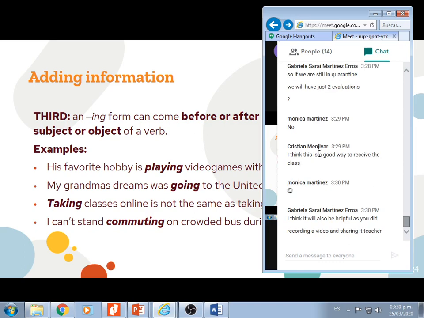I would like you also to do your best efforts to continue practicing. I'm not asking you a lot of things. I'm just asking you to do your best effort. Remember that you are not going to be practicing your English the same way we did at the university. And for that reason, I would like you to continue doing your best. And this is going to be the same for everybody.